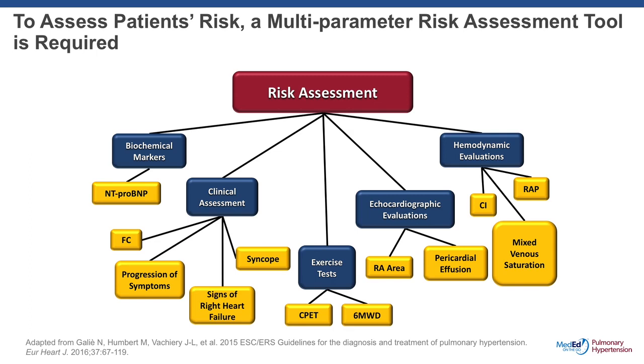At my center, we get a 6-minute hall walk with just about every clinic visit. And at other centers, cardiopulmonary exercise testing is used more frequently. We're drawing biomarkers more frequently, BNP and NT-proBNP. We often repeat imaging. And we occasionally repeat the hemodynamics, of which the most important are cardiac index, right atrial pressure, and mixed venous saturation.